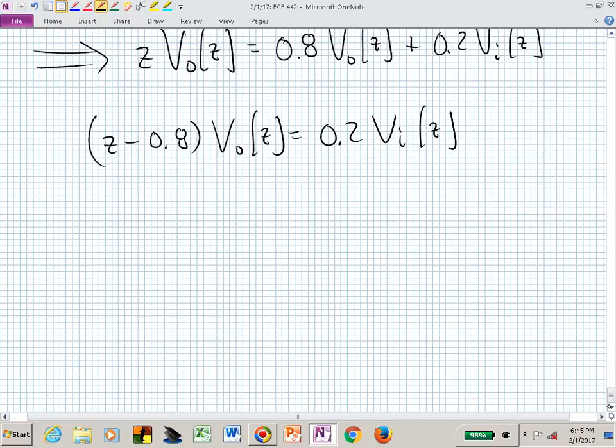Or the transfer function can be found by dividing both sides through by this factor z minus 0.8.